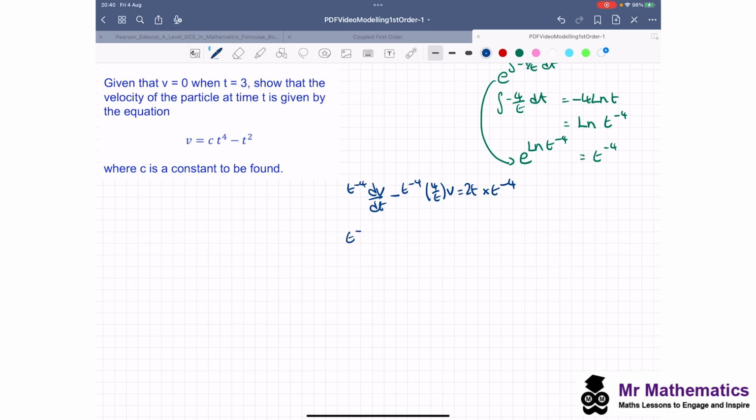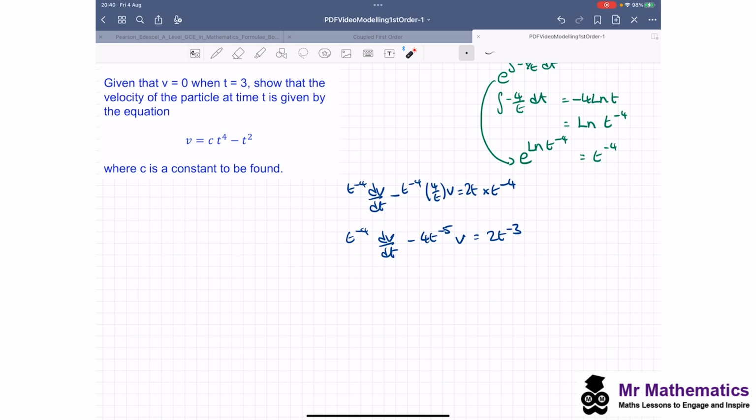We have t to the minus 4 dv by dt. We can collect these two together. So we get minus 4t to the minus 5 v. And this will cancel with one of them. So we get 2t to the minus 3.